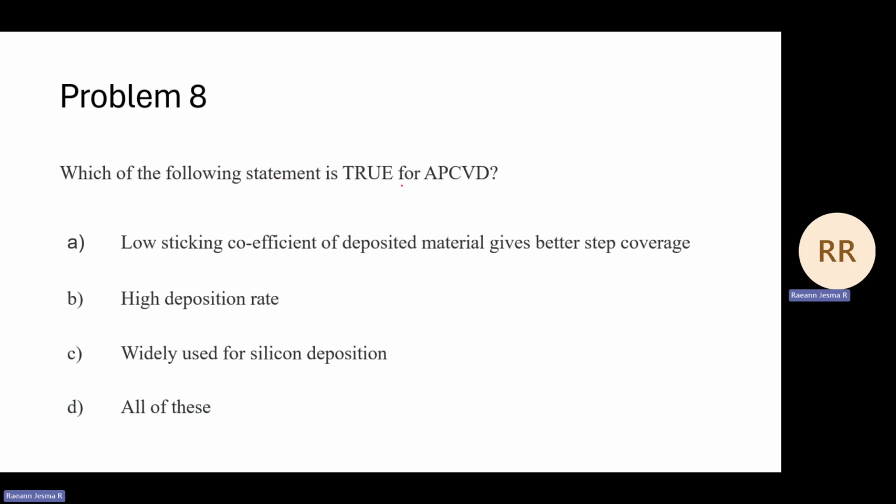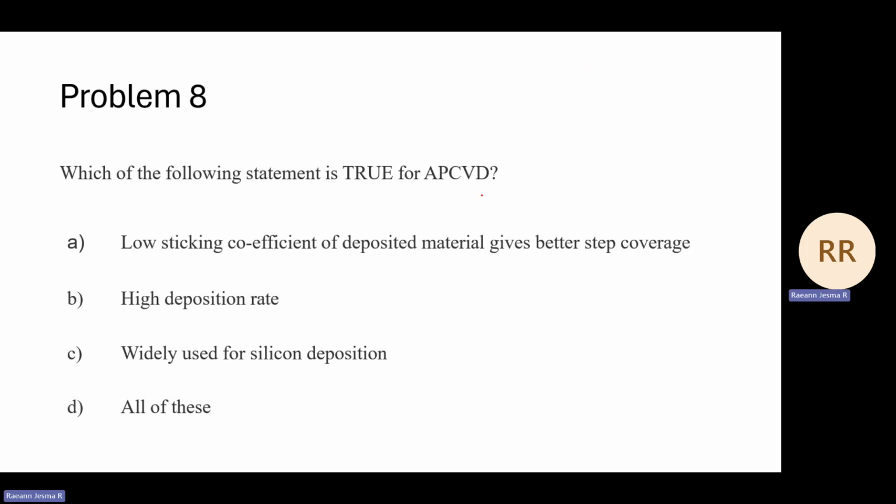Which of the following statements is true for APCVD, which is atmospheric pressure CVD? A is a low sticking coefficient of deposited material gives better step coverage. B is high deposition rate. C, widely used for silicon deposition. D is all of these. And you can have multiple choice as well.